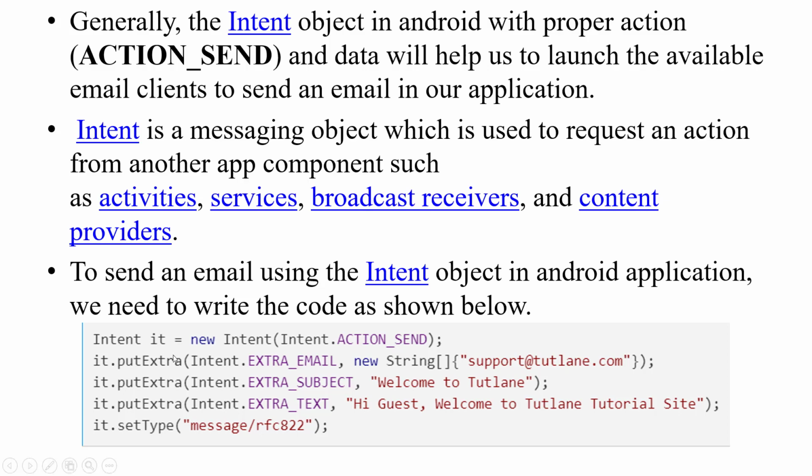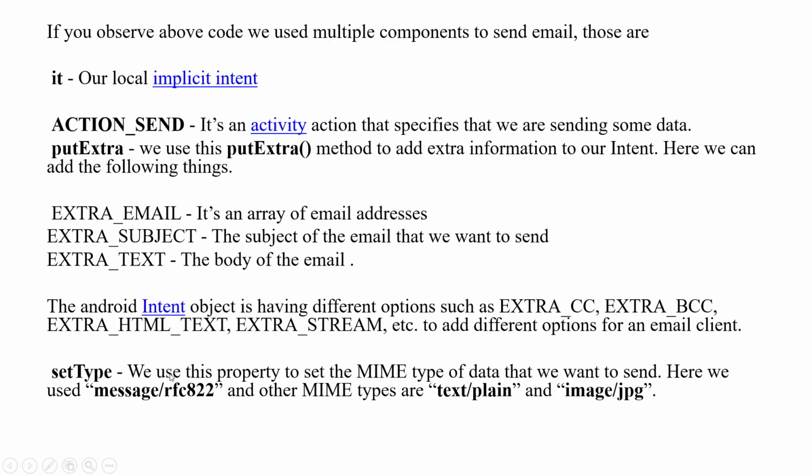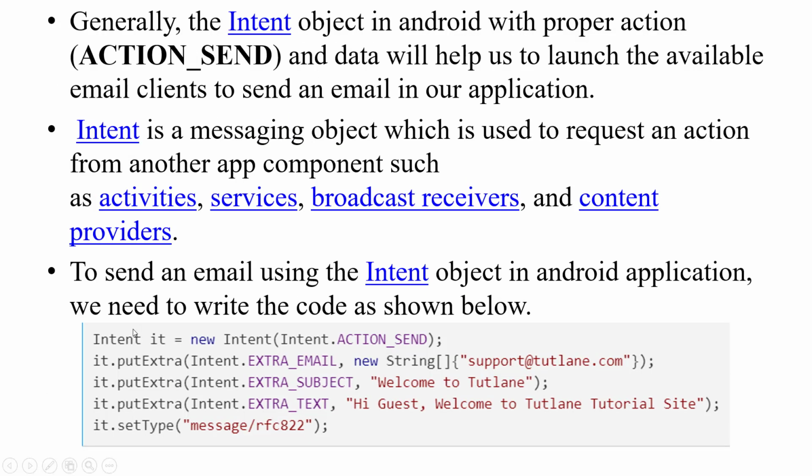So to send an email using the intent object in an Android application, we need to write the code as shown below. The first code is creating the object of the intent and launching the action. So Intent it equals new Intent(Intent.ACTION_SEND). ACTION_SEND is an action here that launches the existing Gmail application.